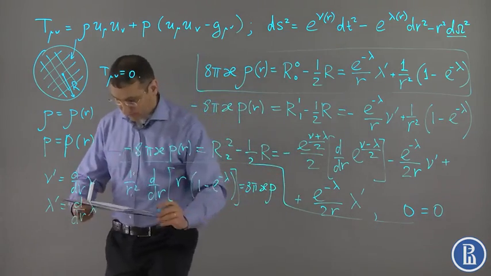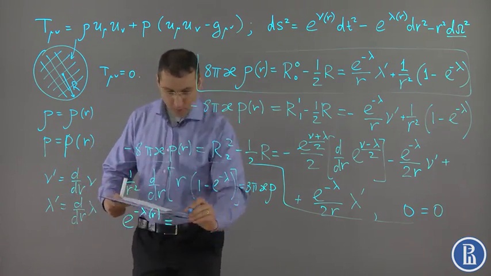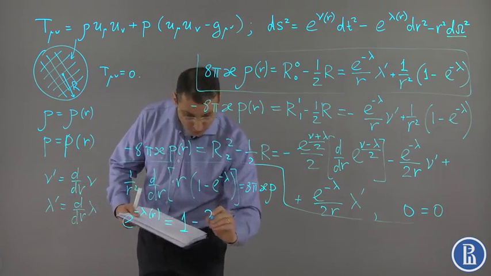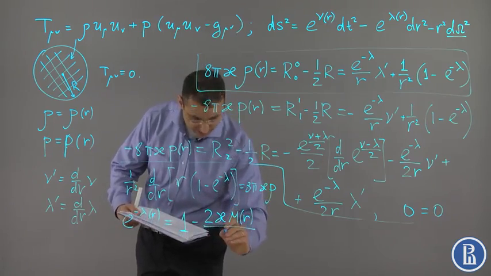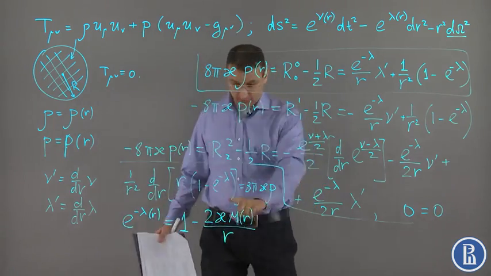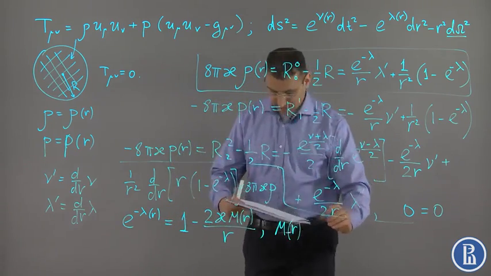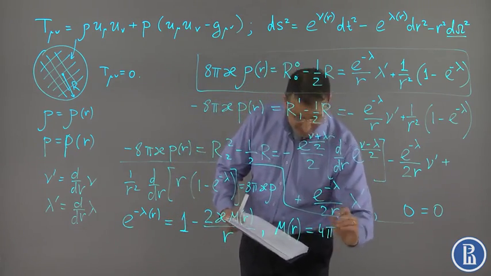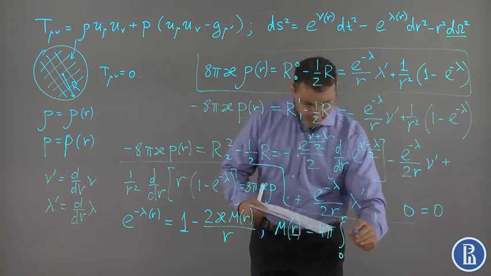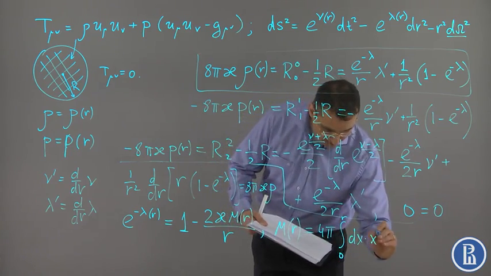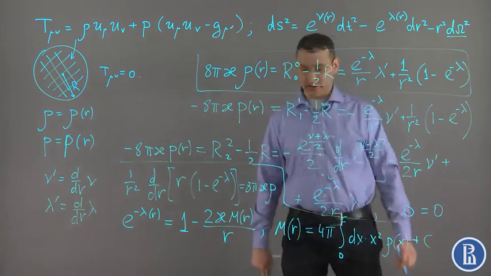As a result, the solution is that exponent of minus lambda is just 1 minus 2 kappa m of r over r, where m of r is the following thing. It's 4 pi integral from 0 to r dx times x squared times rho of x, plus a constant of integration.